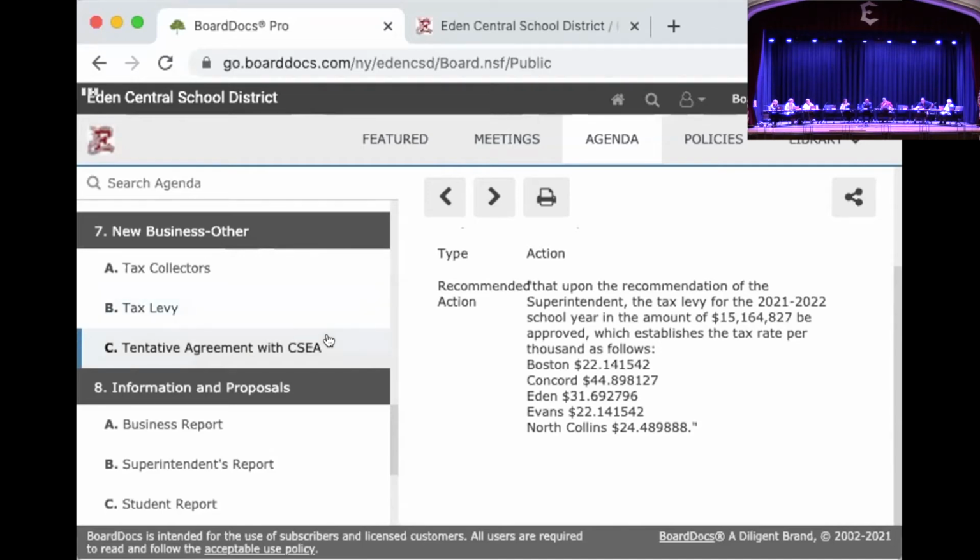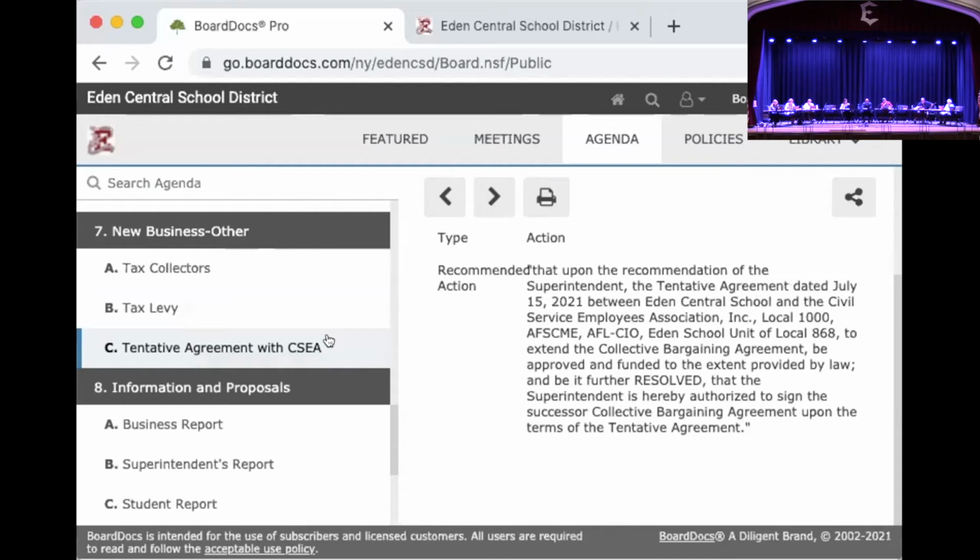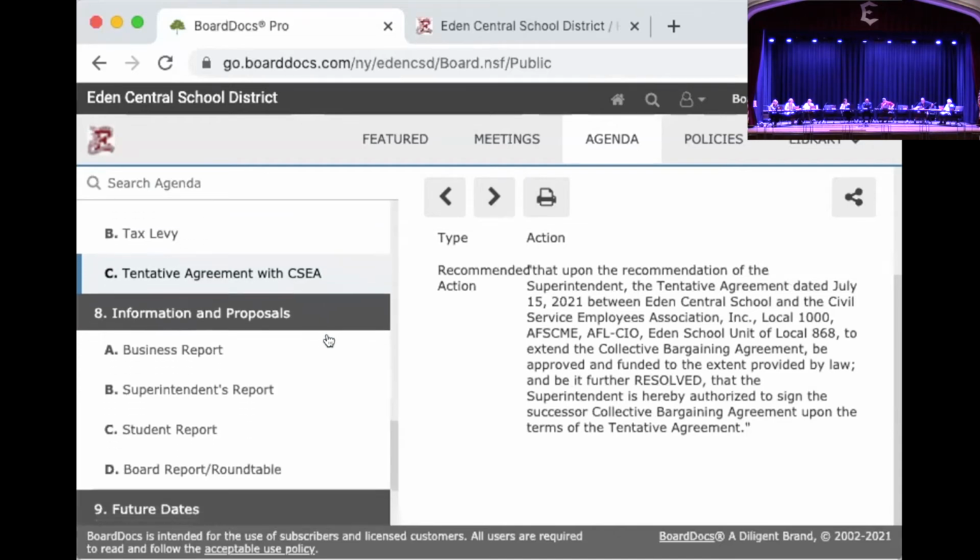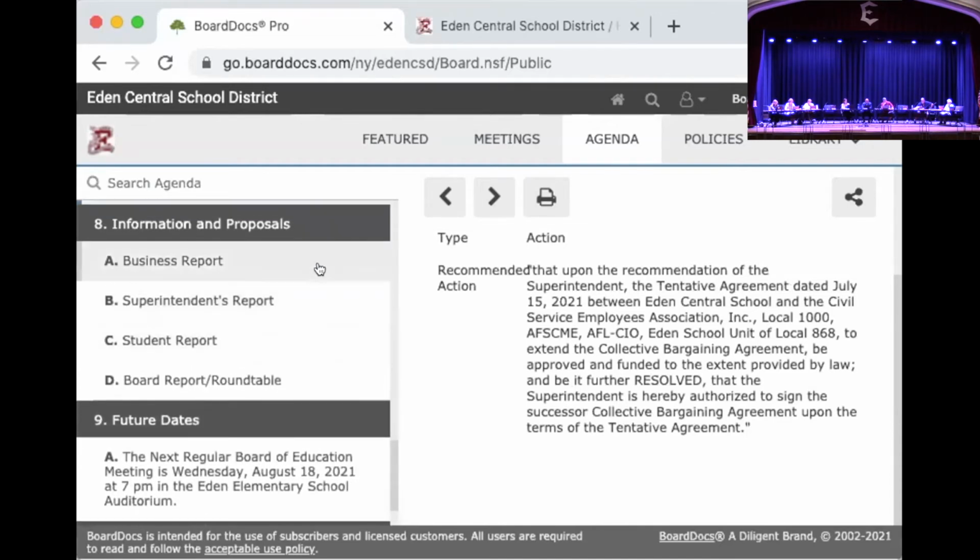Motion carried. That upon the recommendation of the superintendent, the tentative agreement dated July 15th, 2021, between Eden Central School and the Civil Service Employees Association, Inc., Local 1000, AFSCME, AFL-CIO, Eden School Unit of Local 868, to extend the collective bargaining agreement, be approved and funded to the extent provided by law.